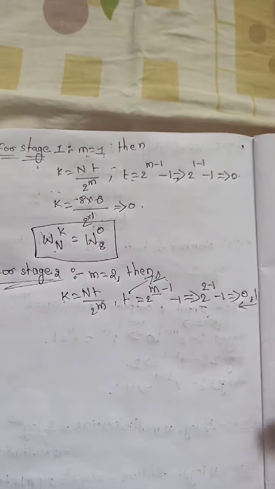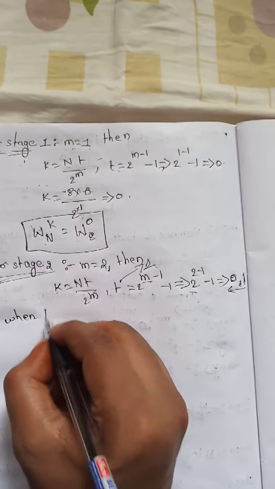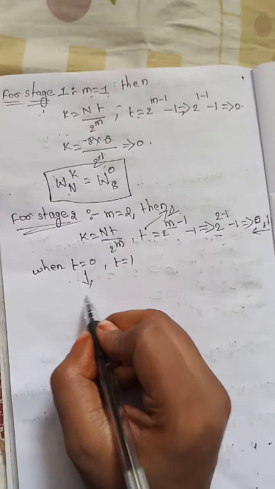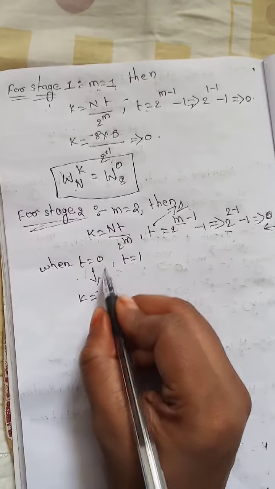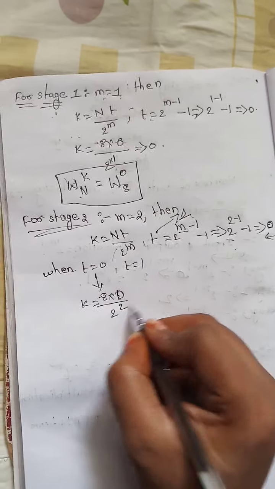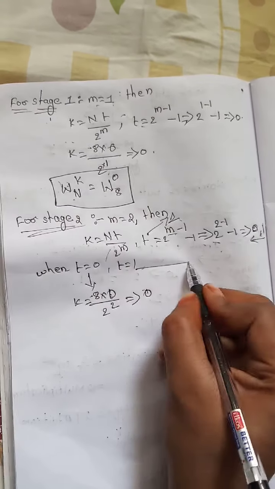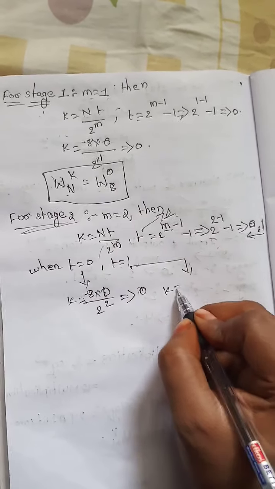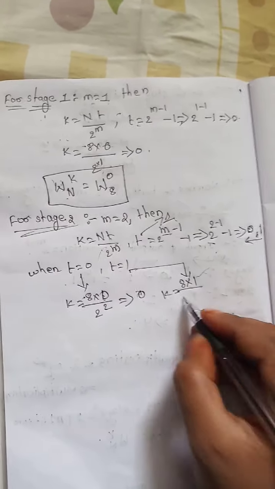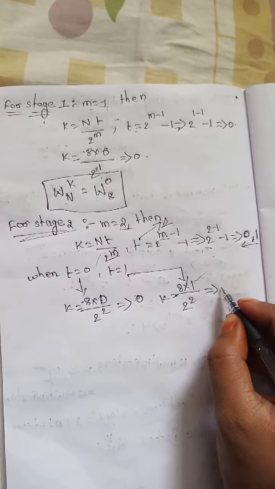So we consider the values 0 and 1. We are finding k for t equal to 0 and t equal to 1. When t is equal to 0, k is equal to 8 into 0 by 2 power 2, that is 0. Next, for t equal to 1, k is equal to 8 into 1 by 2 power 2. So here we get k equal to 2.